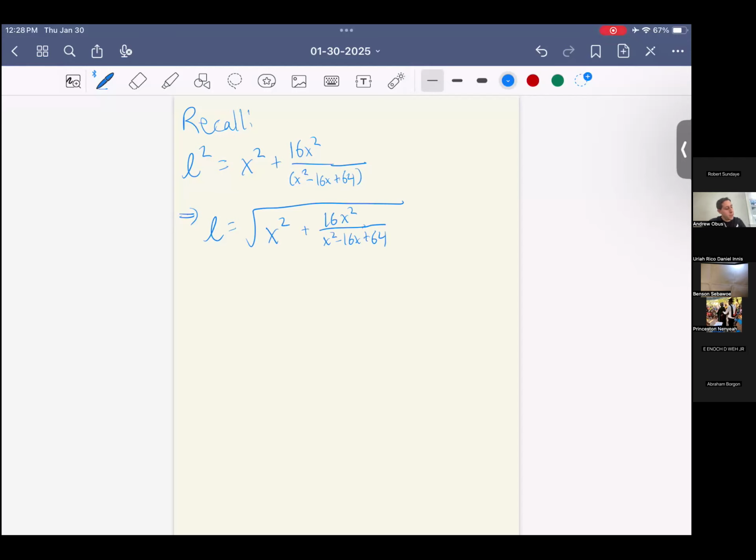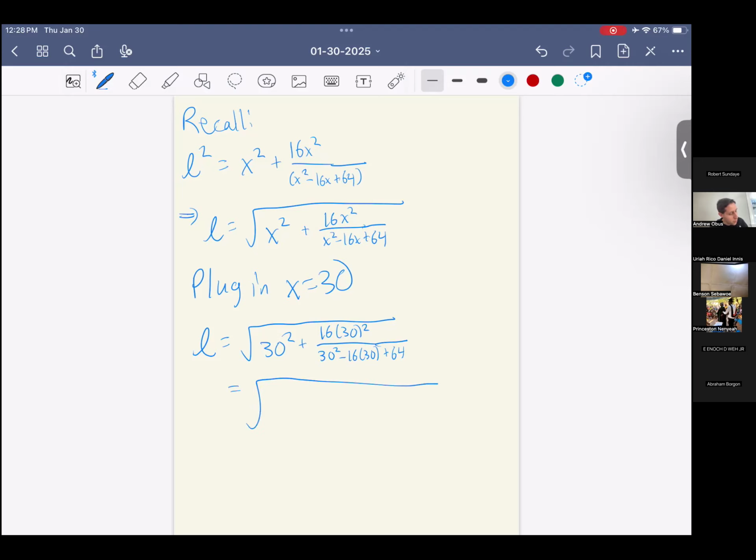Okay. And now what we're going to do is plug in x equals 30. I think the actual solution is 29.961, but we'll round it to 30. So what do we get when we plug in 30? We get that L, the length of the ladder, is the square root of 30 squared plus 16 times 30 squared divided by 30 squared minus 16 times 30 plus 64.